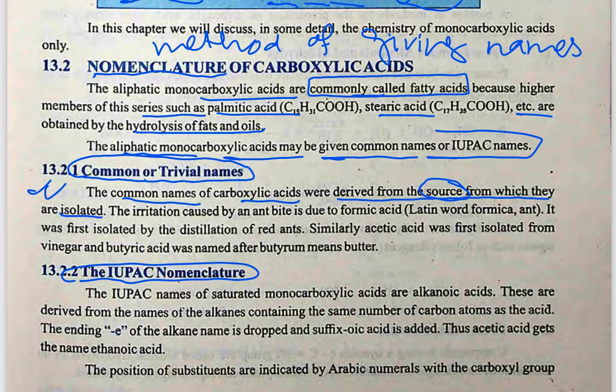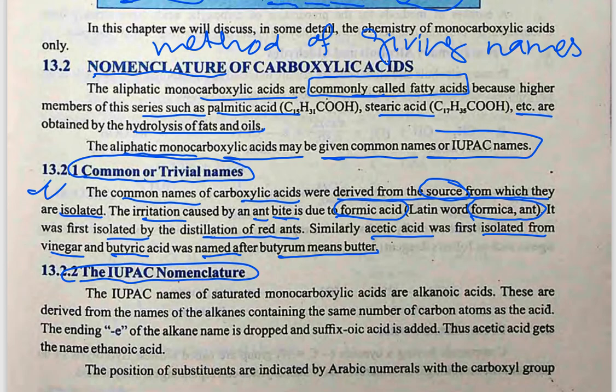For example, the irritation caused by an ant bite is due to formic acid. The word formica means ant. It was first isolated by the distillation of red ants. Similarly, acetic acid was first isolated from vinegar, and butyric acid was named after butyrum, meaning butter. So these are the bases, the source. There may also be history, and the name of a carboxylic acid may be based on the name of a scientist.